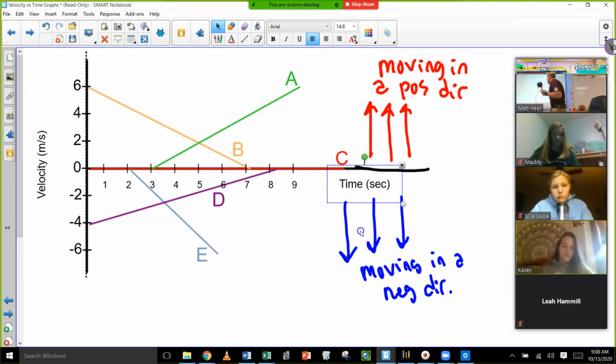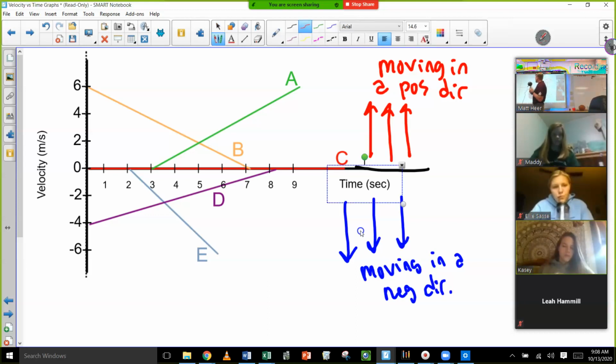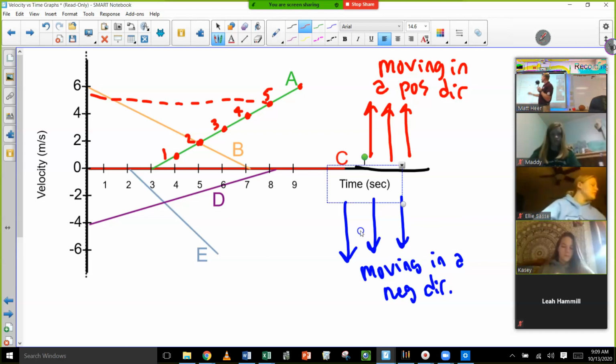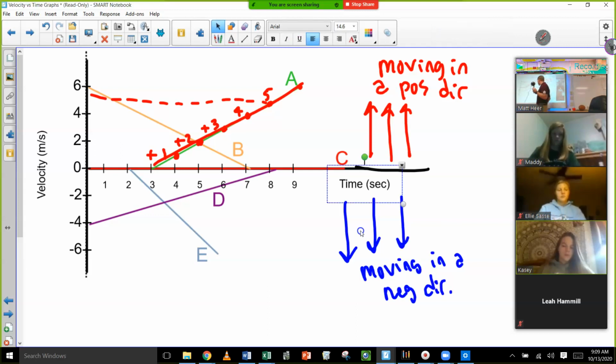Yeah, and if you look at this, every single point that I pick on this graph, these are all positive velocities, right? A velocity of 1, a velocity of 2, a velocity of 3, a velocity of 4, a velocity of 5, right? These are all positive velocities. So over this entire interval, you're moving in the positive direction, and you're just getting faster.